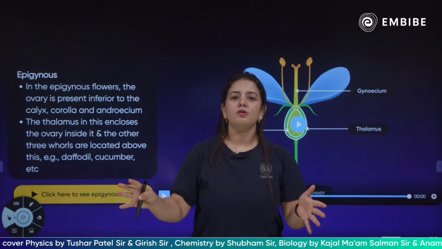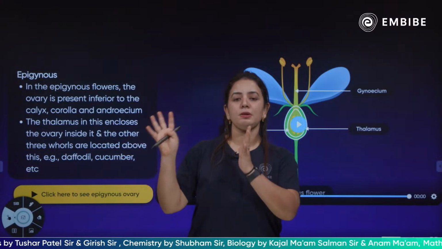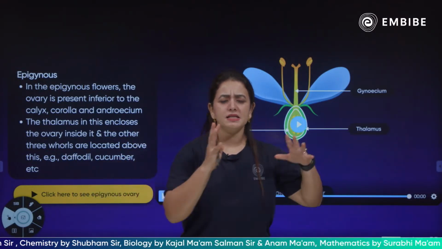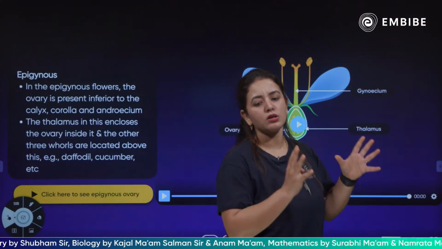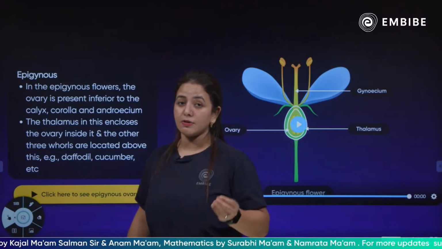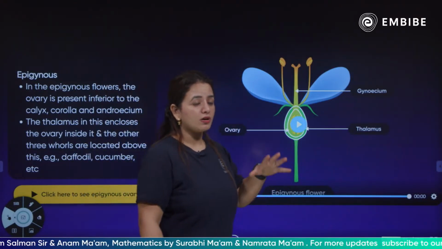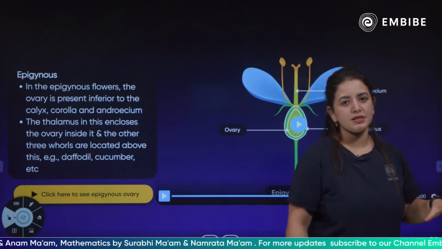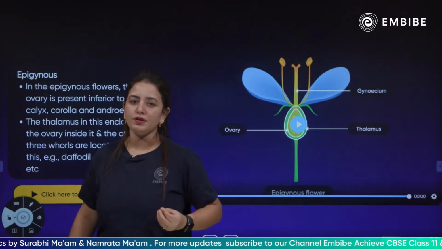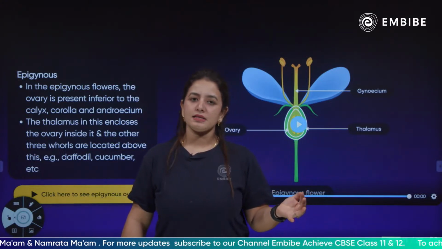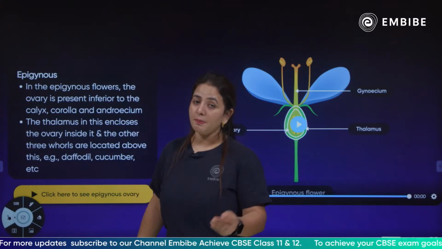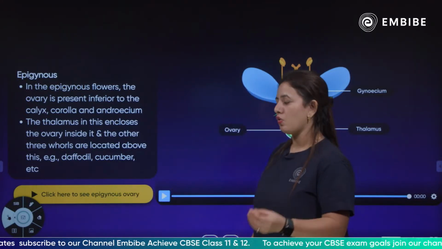On the basis of symmetry we divided all the flowers, and on the basis of ovary position we also divided them into three categories. I expect you have understood what kind of symmetry a flower possesses and what we call them on the basis of ovary position: actinomorphic, zygomorphic and asymmetrical; hypogynous, perigynous and epigynous ovaries.